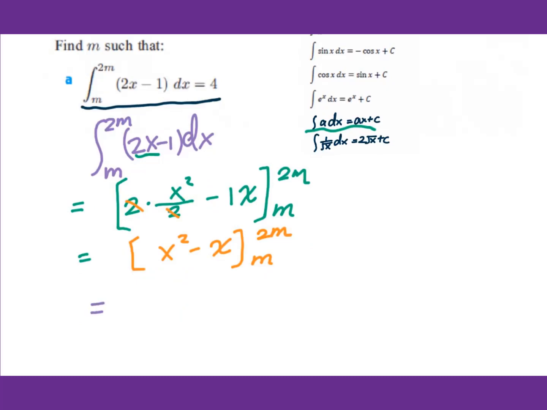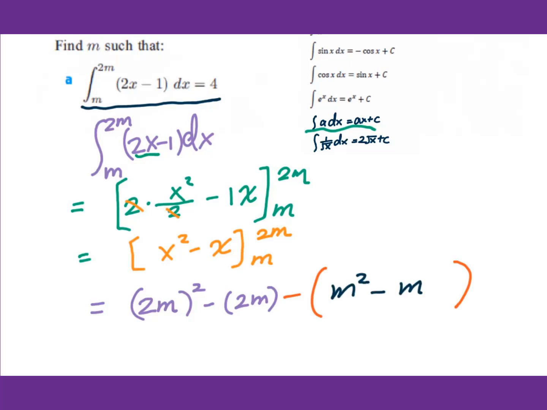Then we plug in 2m first. 2m squared minus 2m. Then minus parentheses. Plug in m, so you have m squared minus m. Then you do the distributive property.